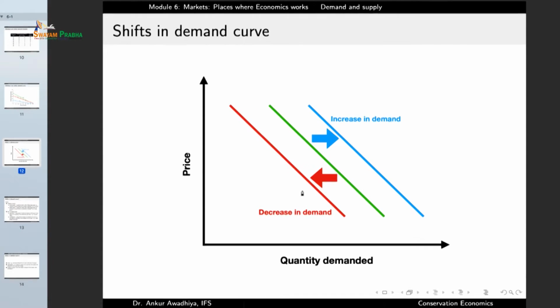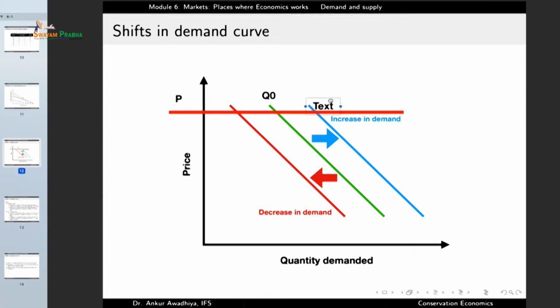If the demand has increased, it would mean that at any price, let us say at price P, the quantity that is demanded has increased if there is an increase in demand. So earlier the quantity that was demanded was this Q0.